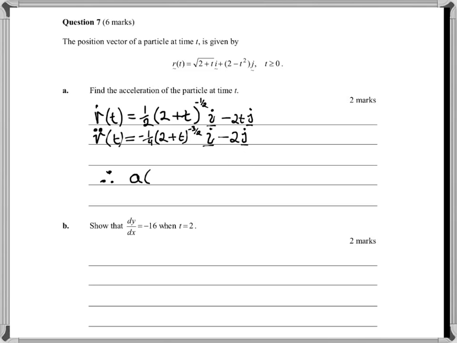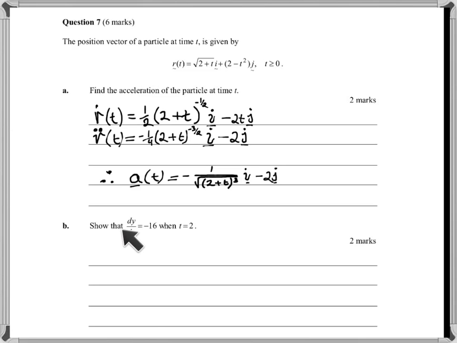So the acceleration vector is given by this, and I've rewritten it neatly: to the power of negative 3 halves gives you a square root with the expression 2 plus t to the power of 3 inside the square root. That's how you would write it.